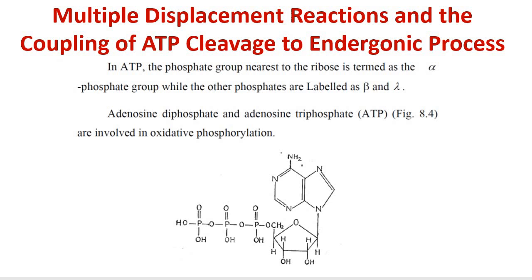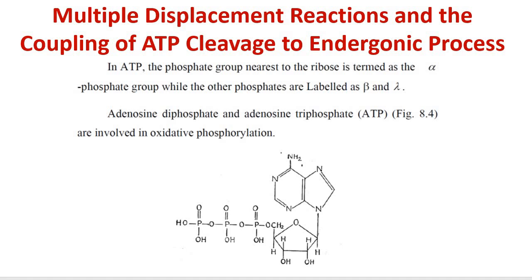Now, multiple displacement reactions and the coupling of ATP cleavage to endergonic process. You know, in ATP, the phosphate group nearest to the ribose is termed the alpha phosphate group, while the other phosphates are labeled beta and gamma. You can see here alpha phosphate, beta phosphate, gamma phosphate.